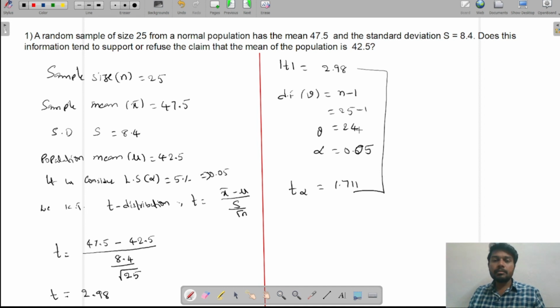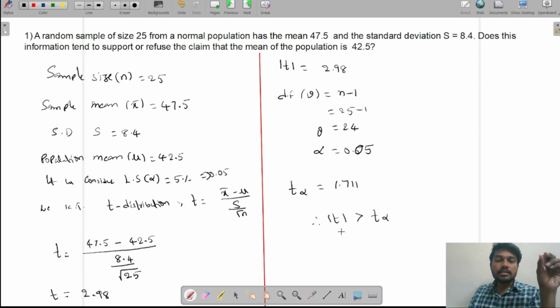Modulus of t is bigger, right? Therefore modulus of t is greater than t alpha. So modulus of t greater than t alpha means we can say that the hypothesis is rejected.